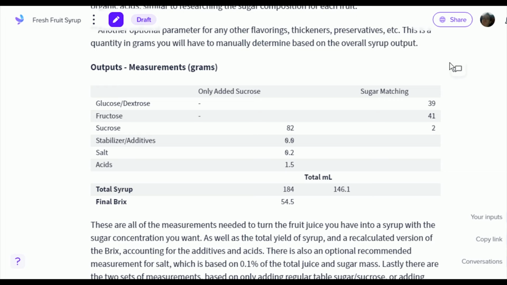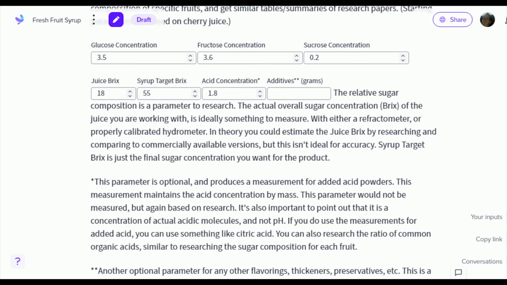Another special feature is, in addition to giving you the number of grams of sugar to add to achieve the target concentration, it also gives you a secondary ingredient list, which is the same quantity of sugar, but roughly matching the original composition of the fruit.